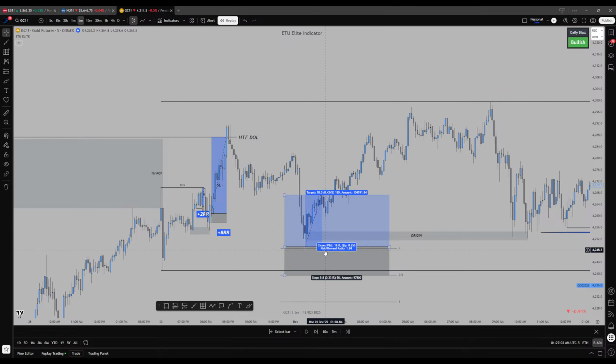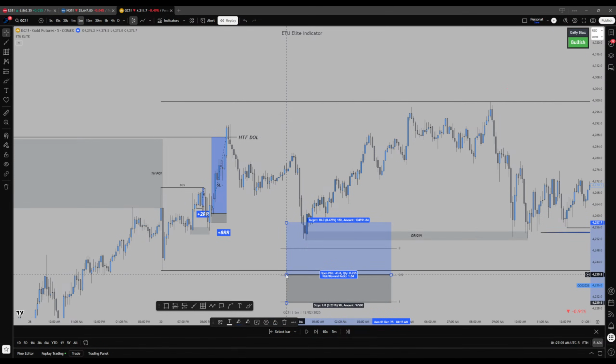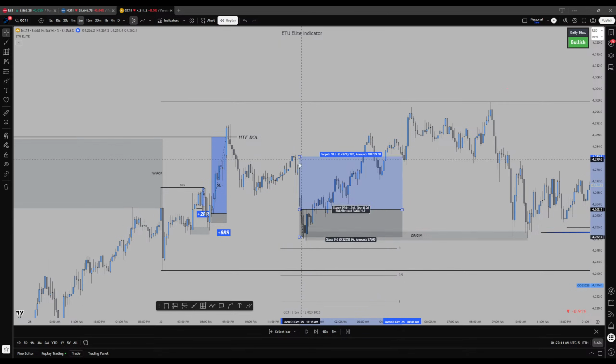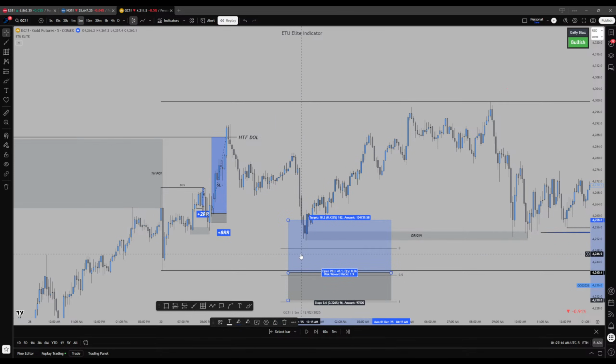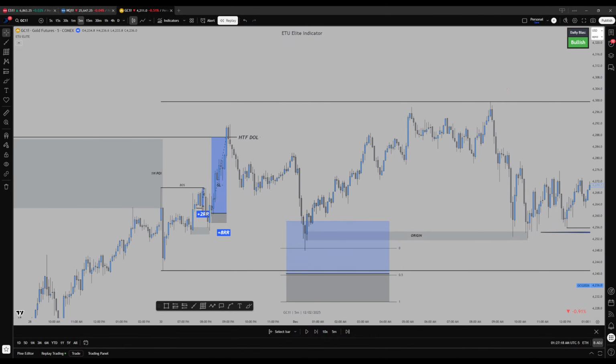You can also move your entry point to that 50% level now. AKA, now your risk reward is doubled, but you will miss however many trades there are.